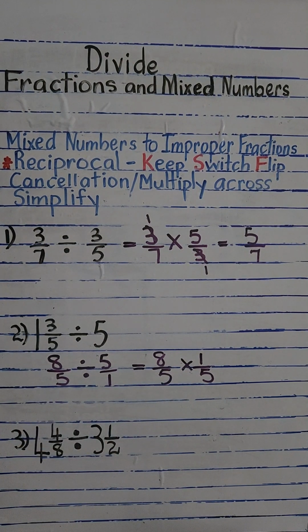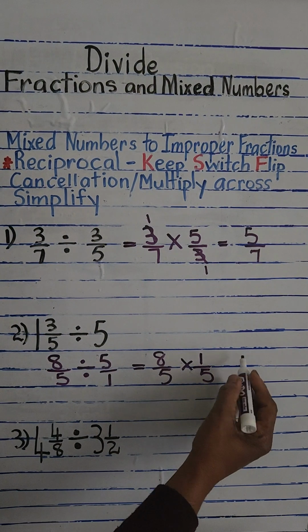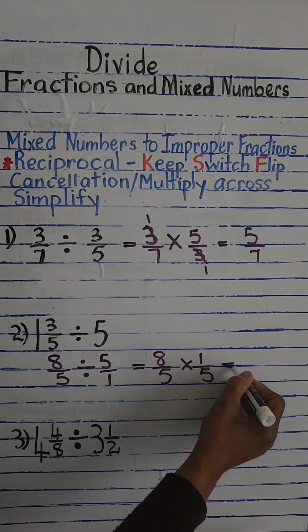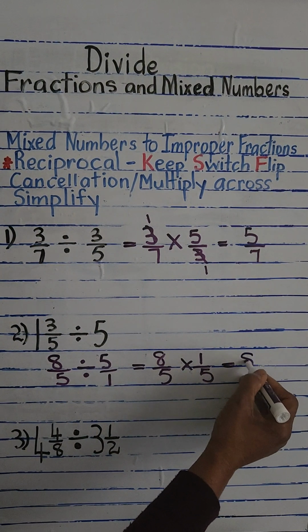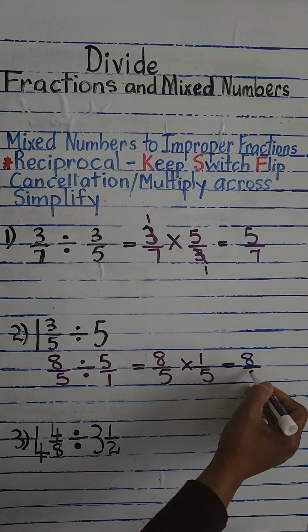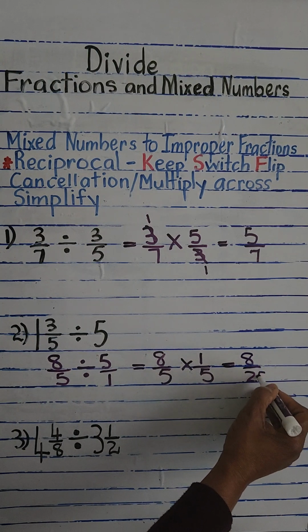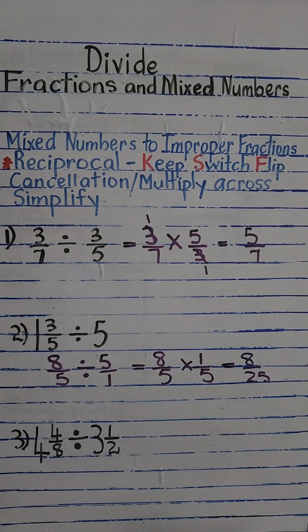And now we're ready to cancel and or multiply across. There's nothing here to cancel, so we just go ahead and multiply across. 8 times 1, 8, and 5 times 5, 25, and that is our final answer, as it cannot be simplified.